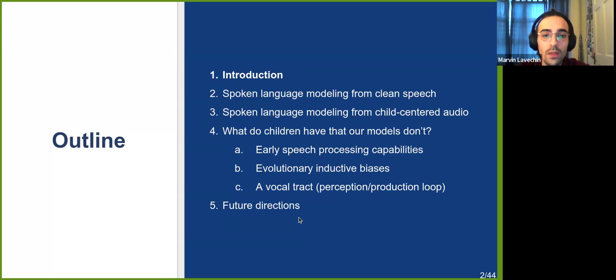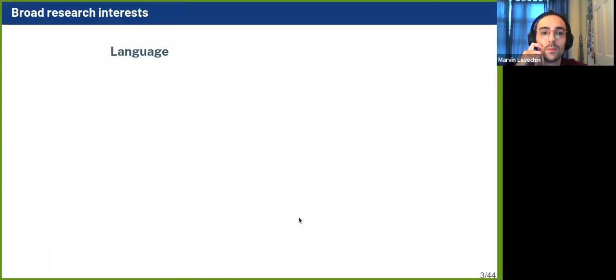Following that, we'll go a bit further and train our spoken language models on the speech children receive using child-centered audio. And as we will see, our observations will raise an important question. What do children have that our models don't? I've started exploring three different directions. I've been working on integrating early speech processing capabilities into our models, evolutionary inductive biases, and equipping our models with the vocal tract. And finally, I will conclude with future directions.